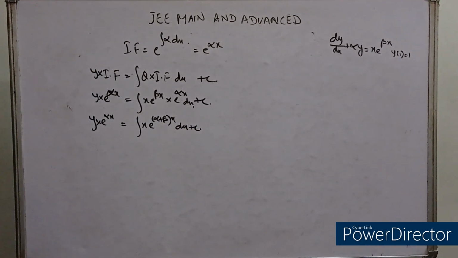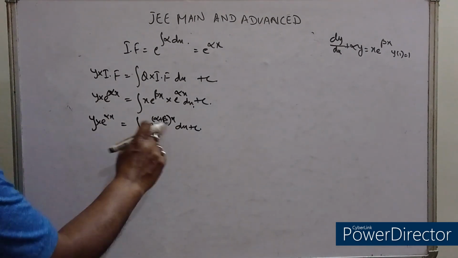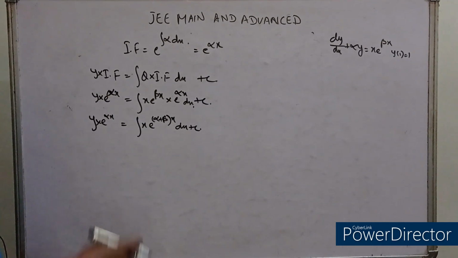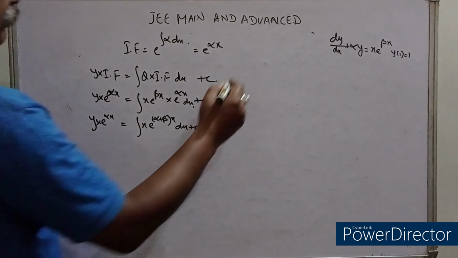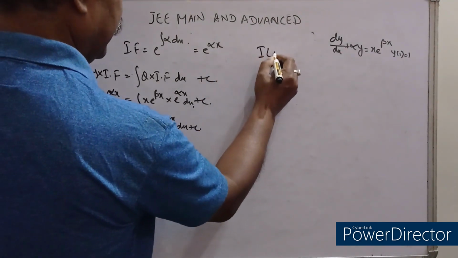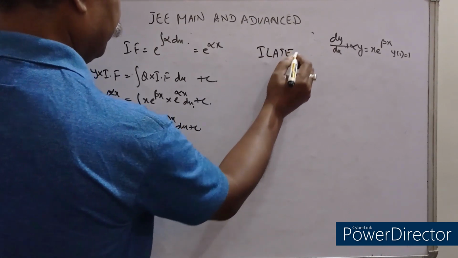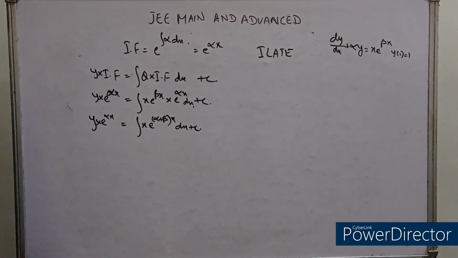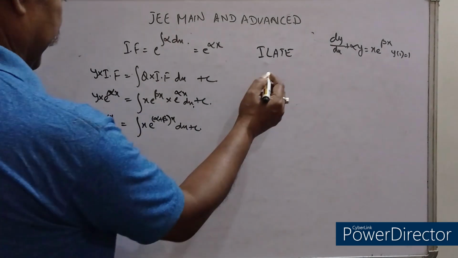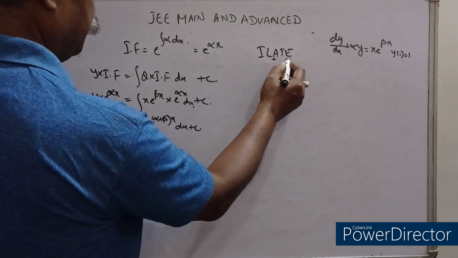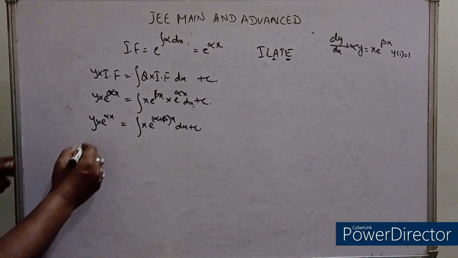Now you see one thing here, this is by parts: exponential and algebra, ILATE. So here algebra is the first function, exponential is the second function.